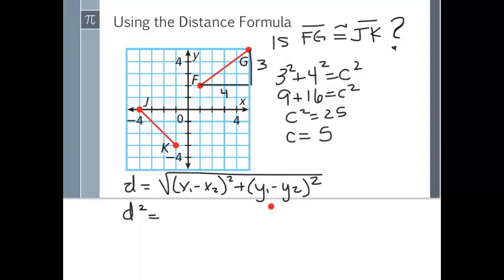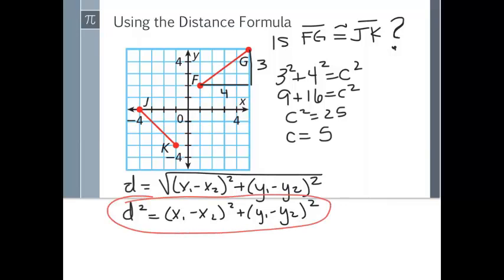Because if we square a square root, it goes away. So we end up with x1 minus x2 squared plus y1 minus y2 squared. We'll take a look at the distance formula and the Pythagorean theorem, a squared plus b squared equals c squared.